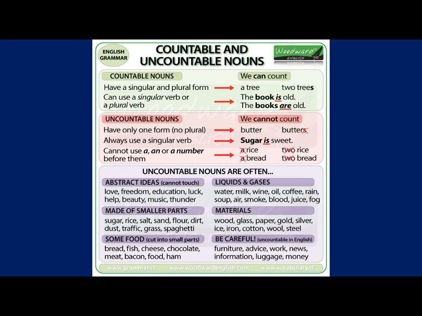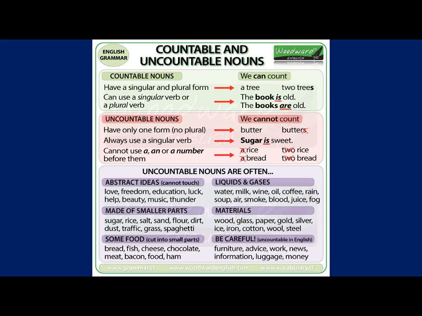Something that is made of small parts, like sugar is small parts, rice is small parts, sand, flour, dirt, dust. All of these are small parts. Traffic is a lot of small cars. Grass is small parts. Spaghetti or noodles. Something that has a lot of small parts is usually an uncountable noun.